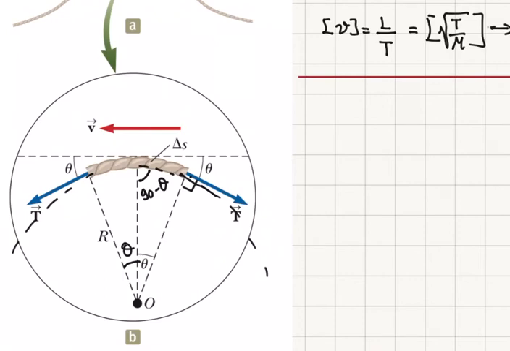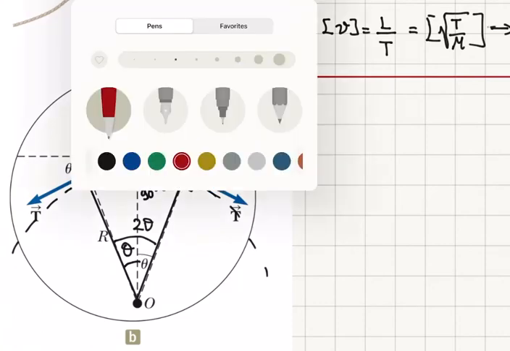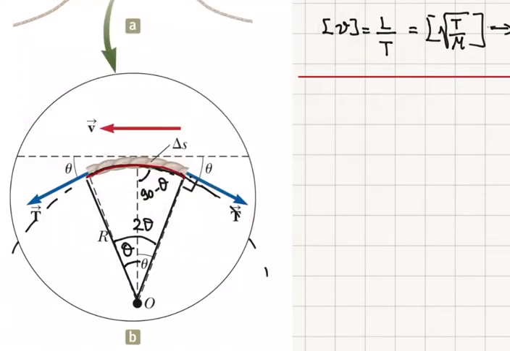So I have here an arc that is produced by two radius vectors r. Total angle is 2 theta. And I'm looking at this arc length here. So what is this arc length? This will be equal to r times 2 theta. So delta s, the arc length, is r times 2 theta.